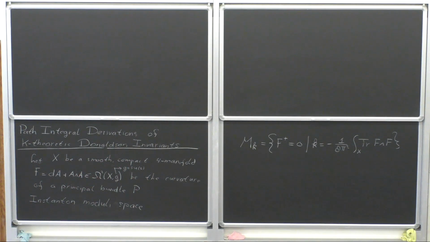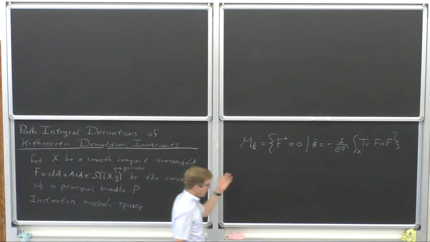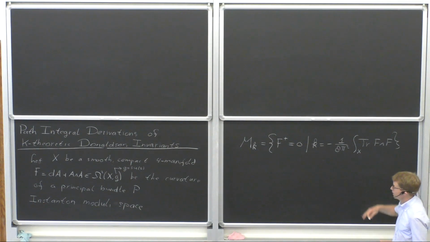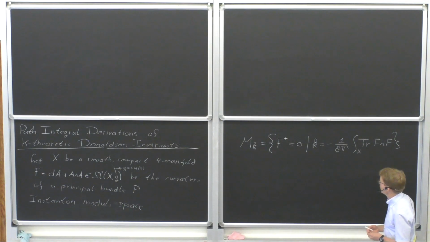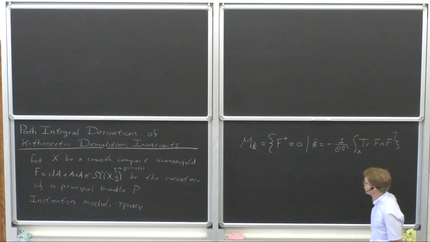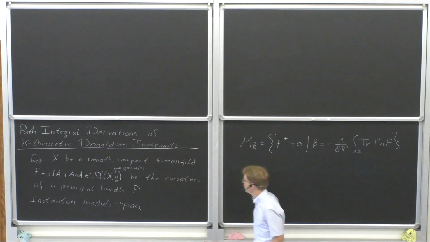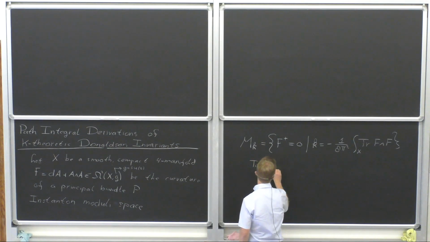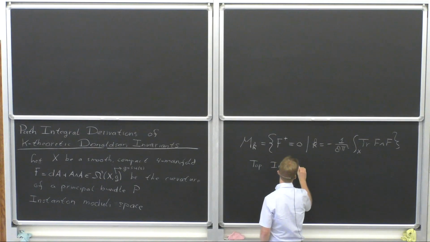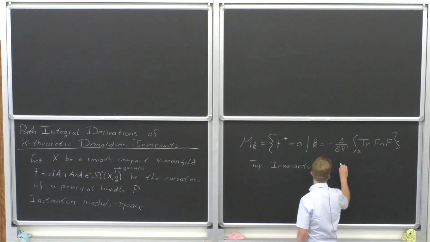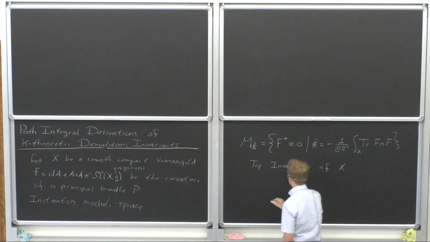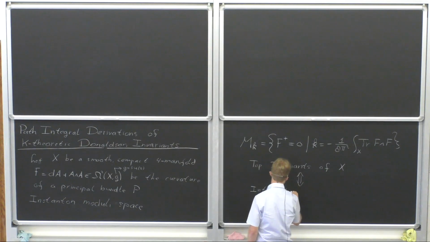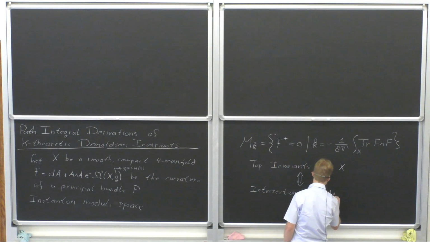Okay. And so there are already for over 40 years, I think now, interesting relations between the intersection theory on these moduli spaces and the classification of four manifolds. So topological invariants of X and intersection theory on M_K.